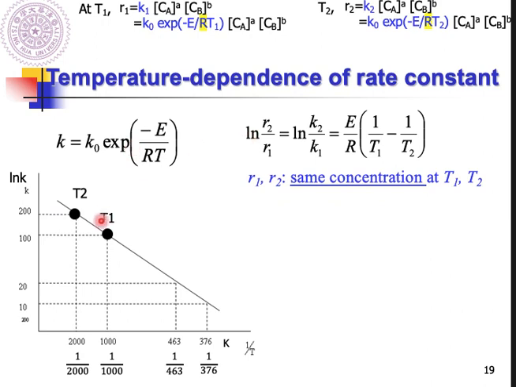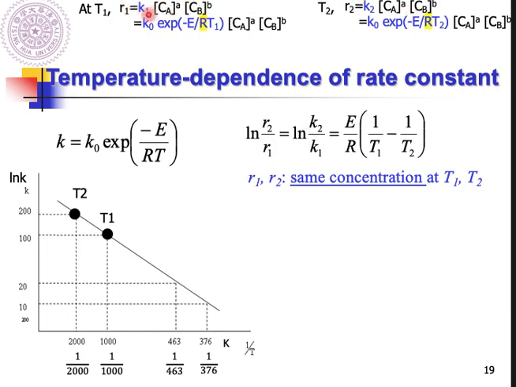And to explain this slope, you use this divided by this, and take the log of R2 divided by R1. You will find that because the concentrations of reactants A and B remain constant, the consumption rate of reactants is proportional to the rate constant, because those terms are the same, right?